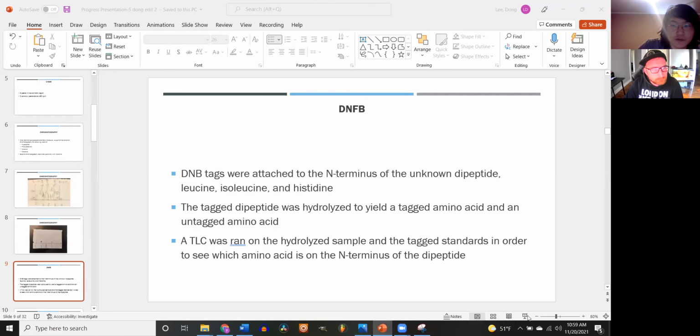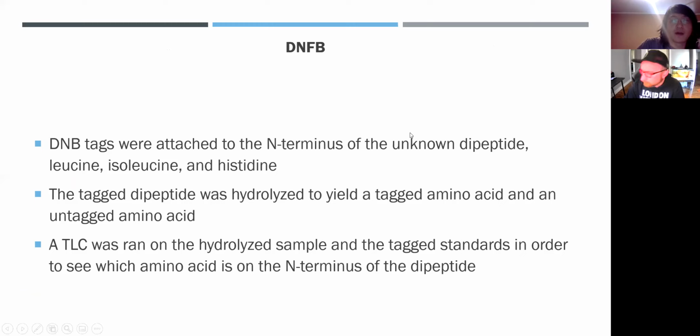All right, so our next test was determining which amino acid was at the N terminus of the dipeptide and which amino acid was at the C terminus.